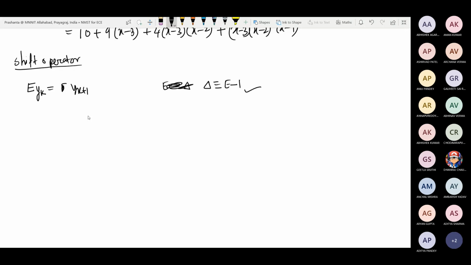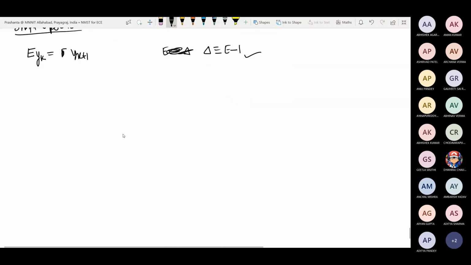Now, in central difference formulas, you have to consider a particular line. So first, let us consider this table. Suppose you are given an infinite number of data points.